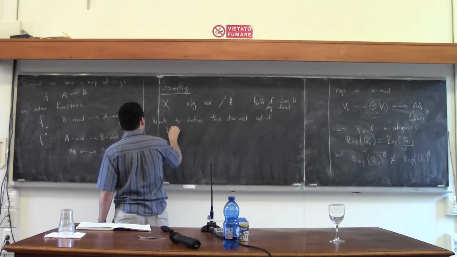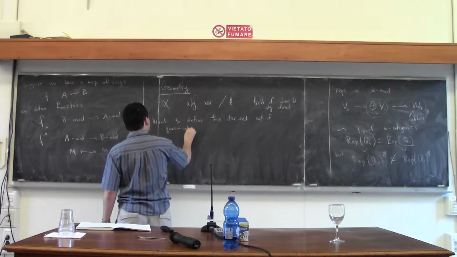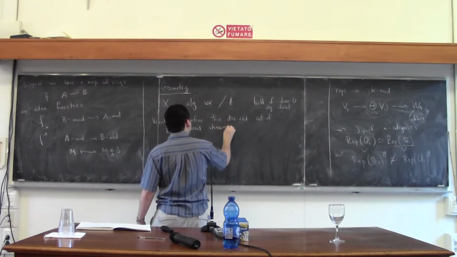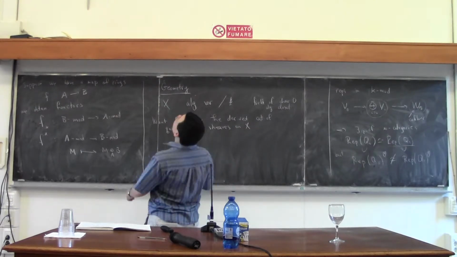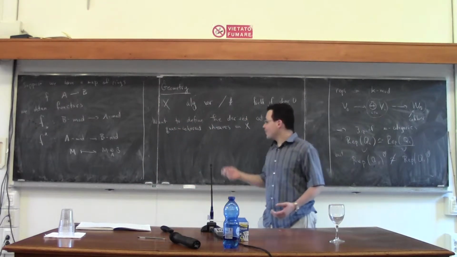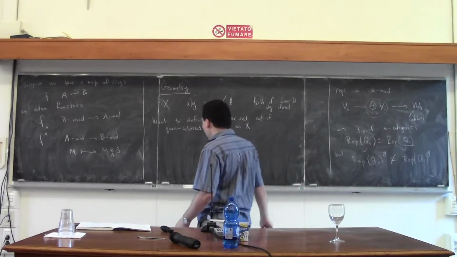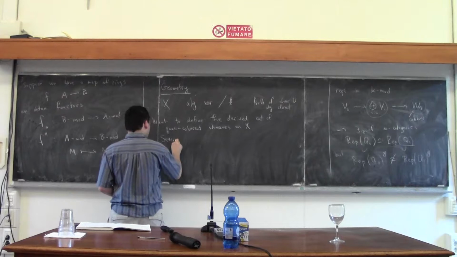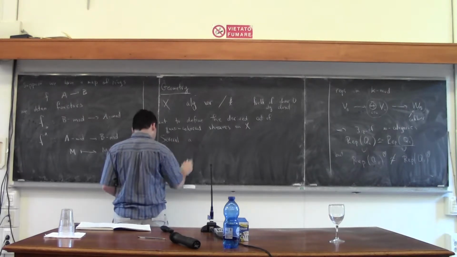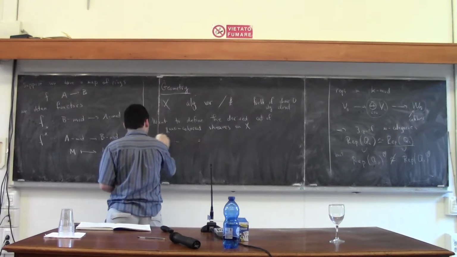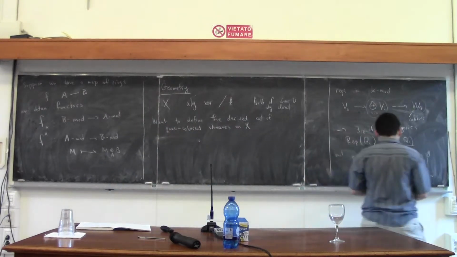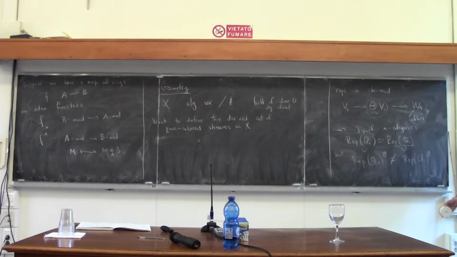The derived category of quasi-coherent sheaves. There are several approaches to this. Actually, before I get to that, this is what we're going to do. But first, I'd like to spend a minute dwelling on what an algebraic variety is exactly.